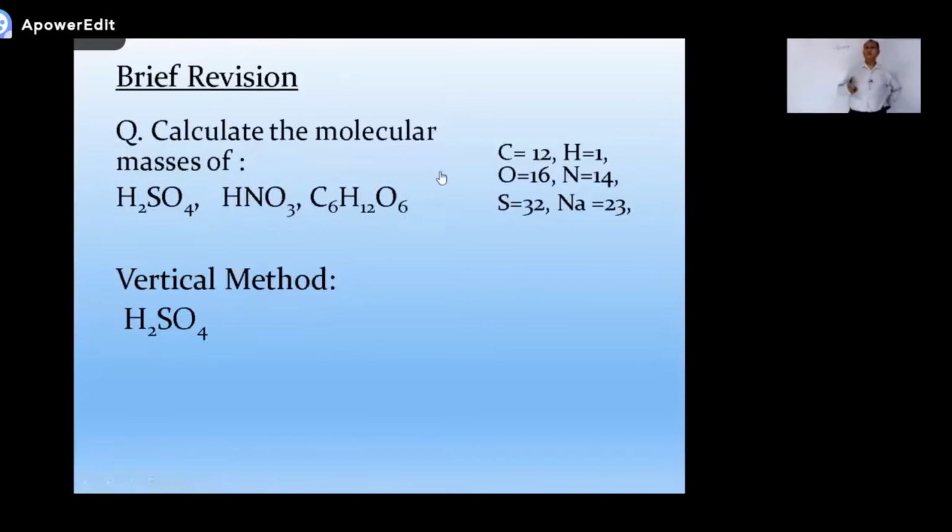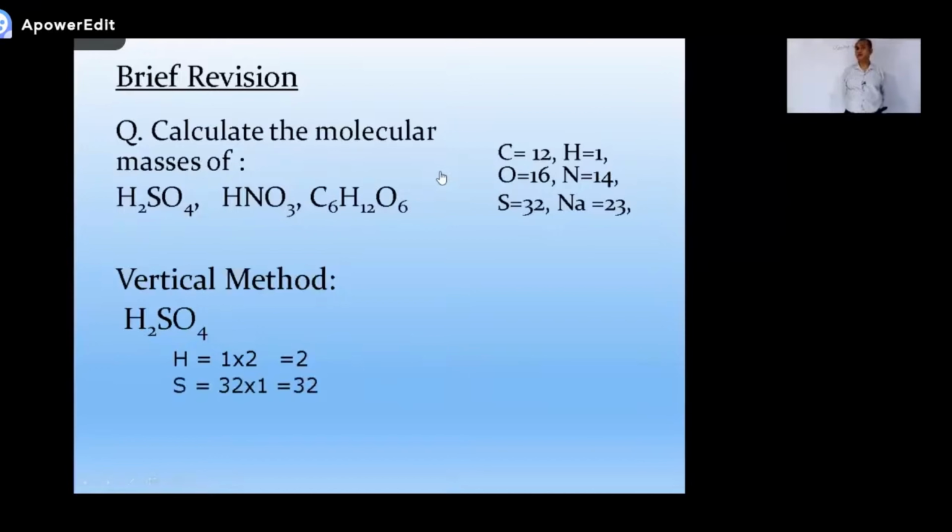Anyway, so H2SO4. How did we find it? How many hydrogens? What is the atomic mass of hydrogen? 1. In sulfuric acid, how many hydrogens? 2. That is why I multiplied 1 by 2. 1 twos are 2. Next is sulfur, S, 32.